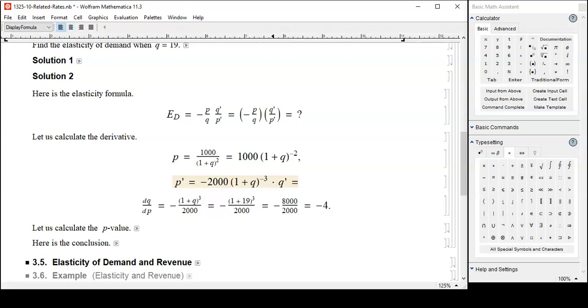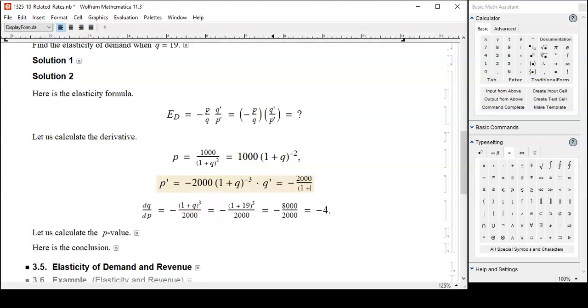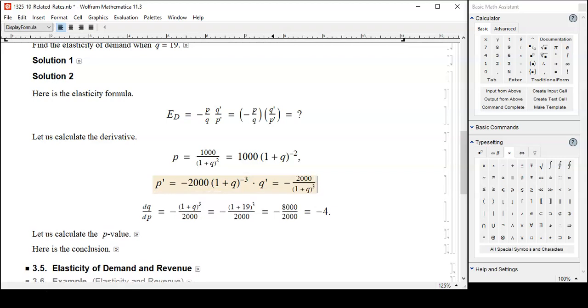By the way, I keep forgetting this. The 2000 over 1 plus q to the third power in traditional expression. Okay, this is conclusion. And from here, let's calculate q prime over p prime.